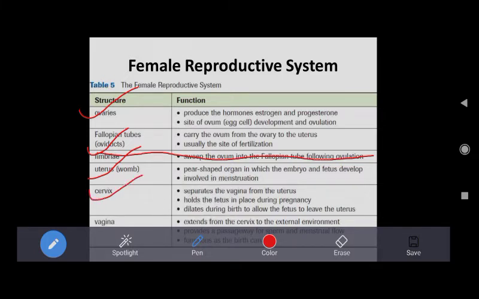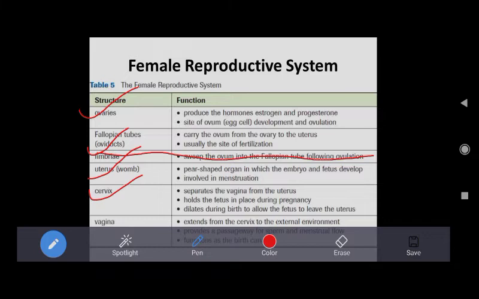The next part, the cervix. Actually, students, we know the cervix as the guard between the vagina and the uterus. It separates the vagina from the uterus, holds the fetus in place during pregnancy, and dilates during birth to allow the fetus to leave the uterus. During the delivery, which is called parturition, it is the cervix that dilates and allows the fetus to leave the uterus.